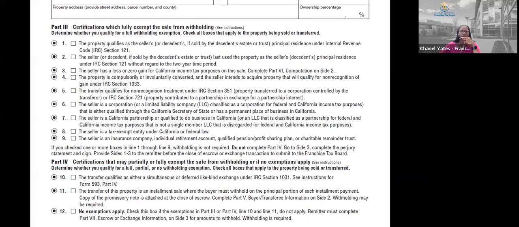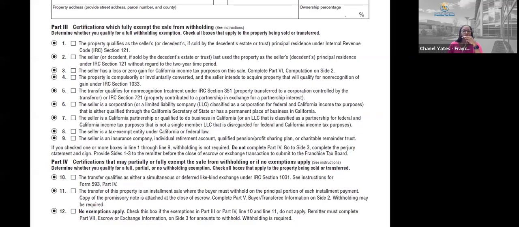Again, we're not asking you to police it, but they need to speak to their CPA, because what this form does is it gives the seller credit for their sale, right? The withholding is tax withheld up front, which is going to give them the withholding credit when they file their California income tax return.